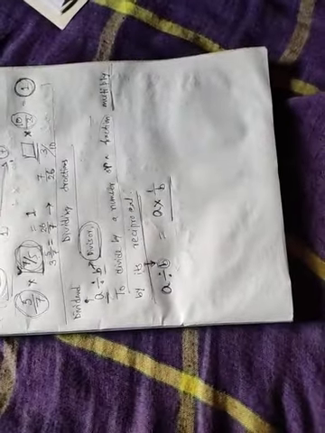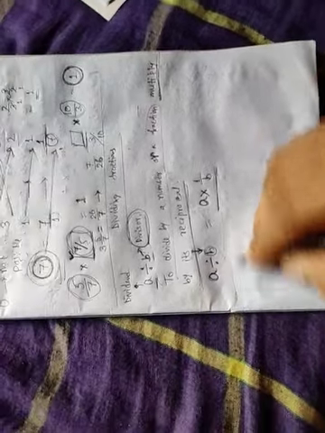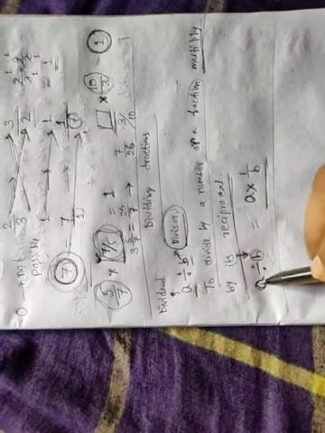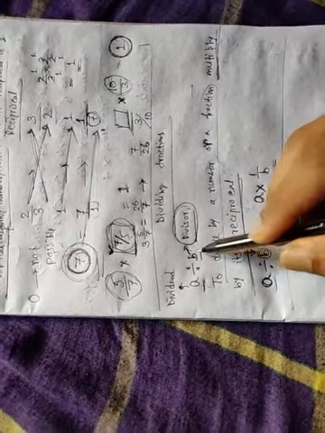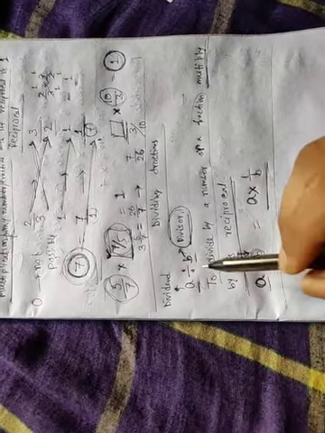Clear? Listen to this line carefully. The dividend will not be changed, but the divisor will be changed. That means you have to multiply with the reciprocal of the divisor.